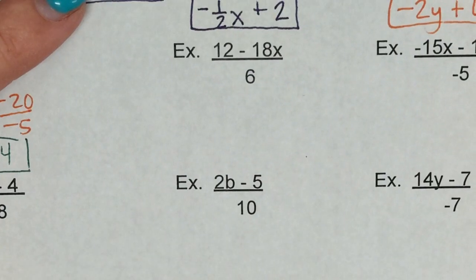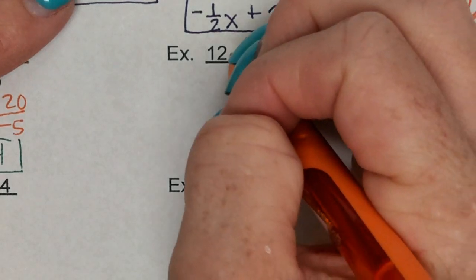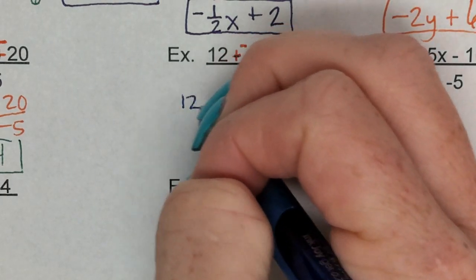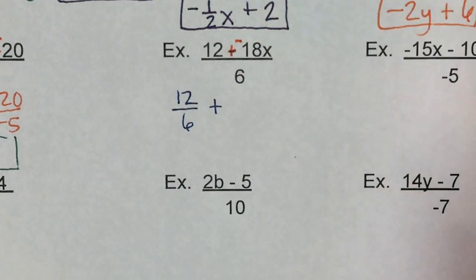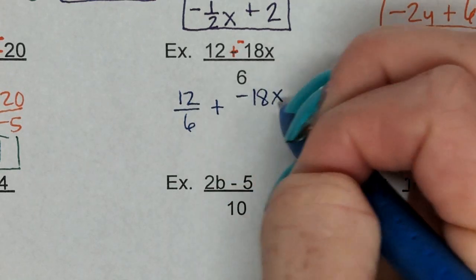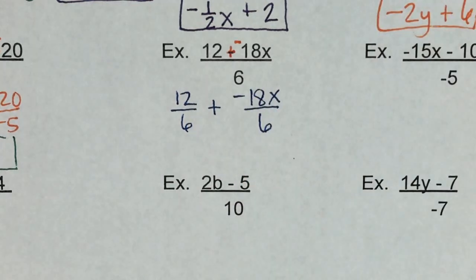Okay, let's try the next one. I need to change. So I have 12 over 6 plus negative 18x over 6. And I want you to leave these as fractions unless they're whole numbers.